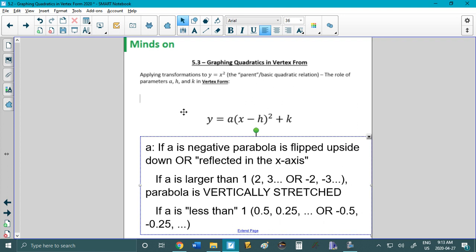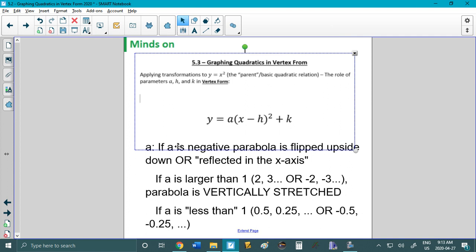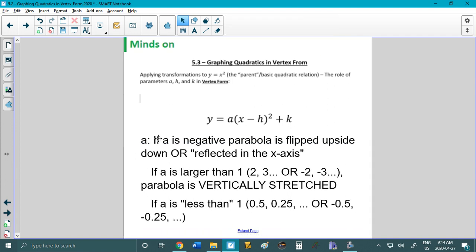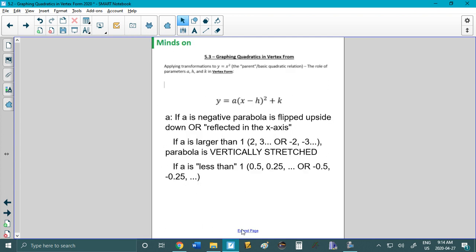So less than 1 doesn't mean like 0, -1, -2, -3. The negative, the sign, just tells us if it's upside down. And then we just look at the number, ignoring the negative if it's there.